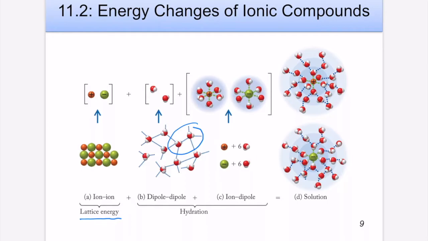And then there's also going to be the energy involved in each of those ions creating a solvation sphere, or each of the water molecules creating a solvation sphere around each of the ions. So adding all those energies together is going to be the energy that is required to dissolve the crystal.